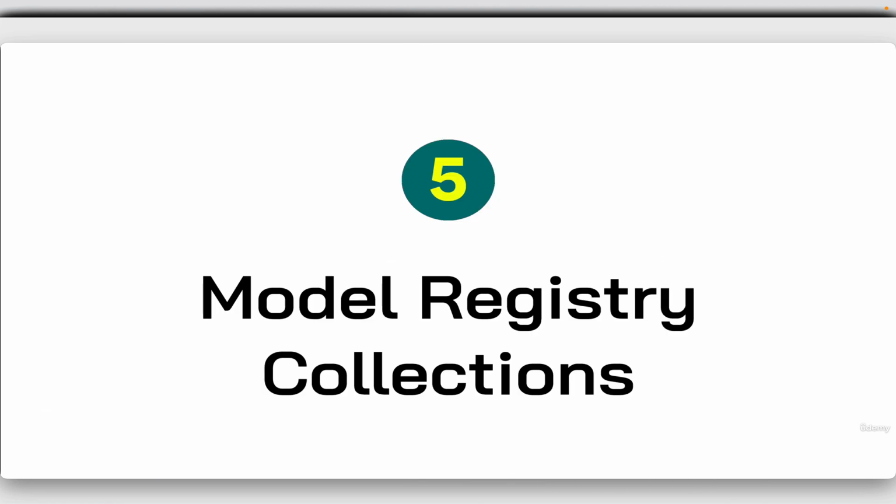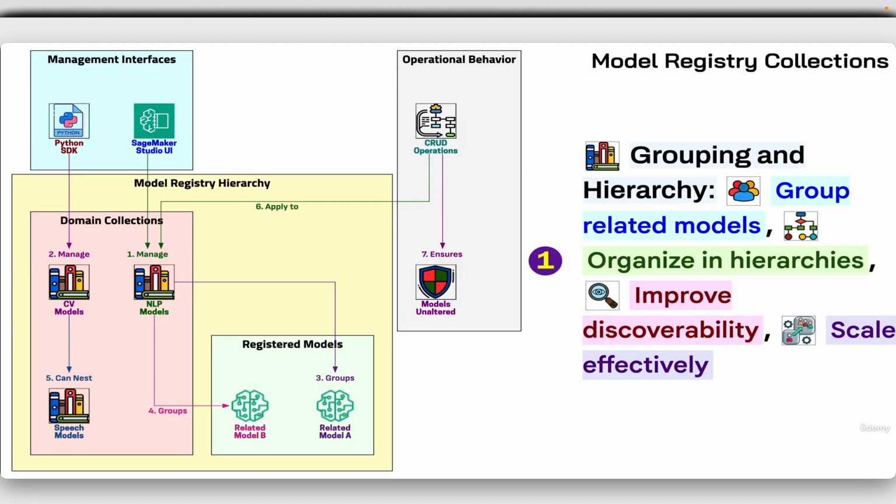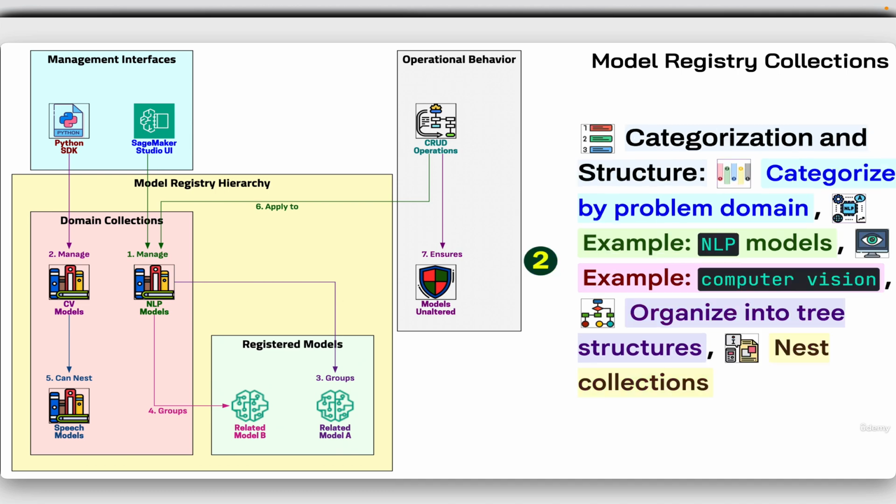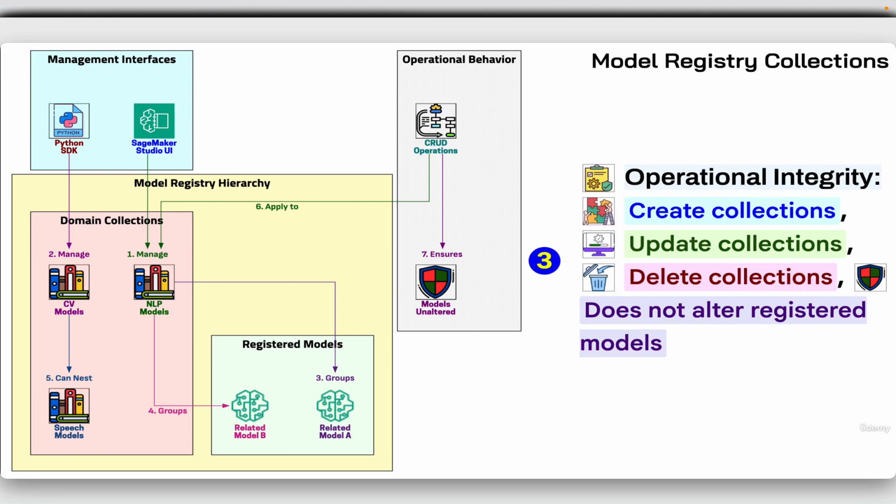Fifth topic is model registry collections. Model registry collections allow you to group related registered models into hierarchies to improve organization and discoverability at scale. Models can be categorized by problem domain such as NLP, natural language processing, or computer vision, and organized into tree structures by nesting collections within one another.